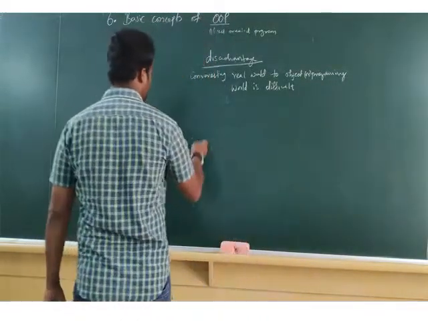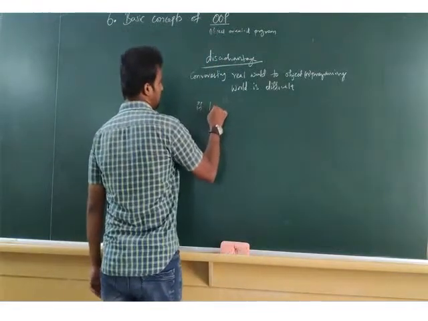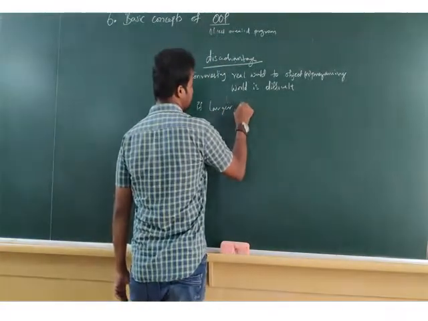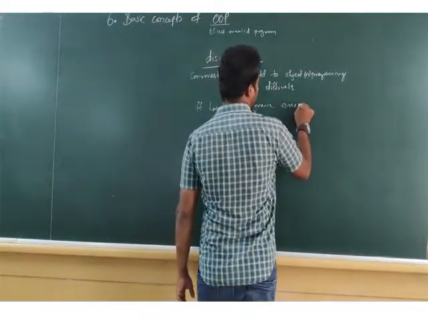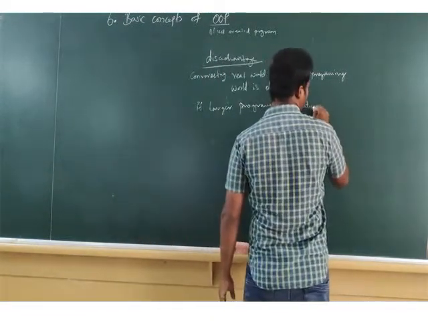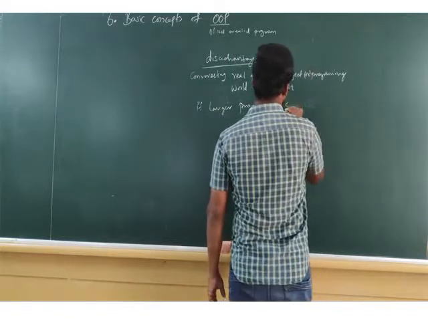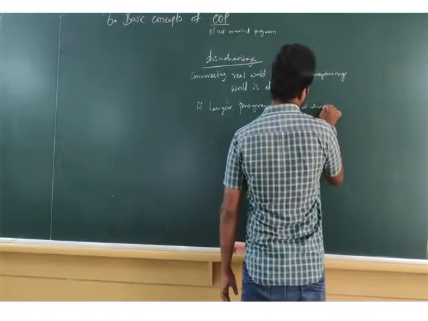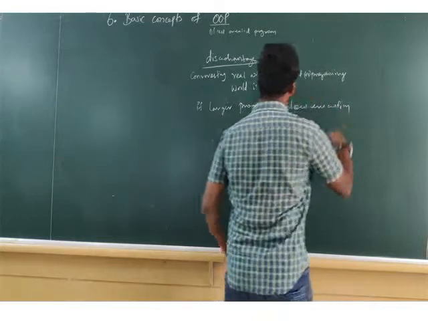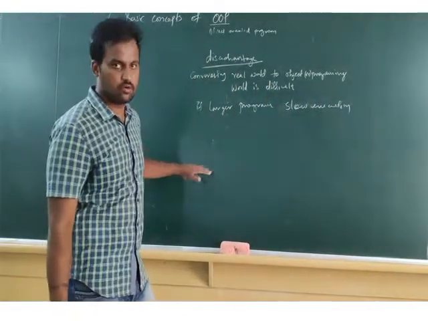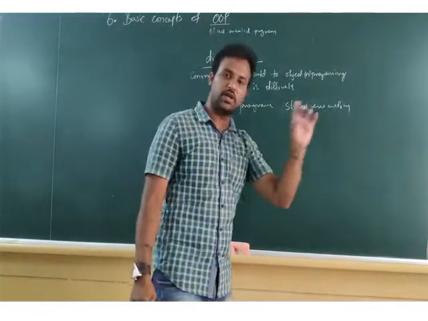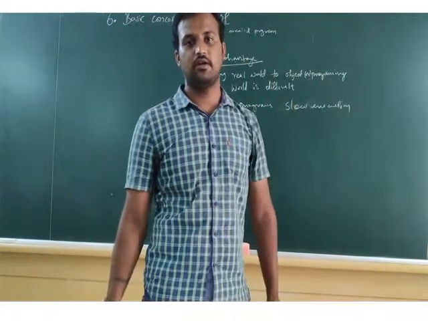Again, larger program. If larger program, execution time will be more, or means slow execution. See here, if number of lines are larger or more, automatically computer has to analyze each and every line.